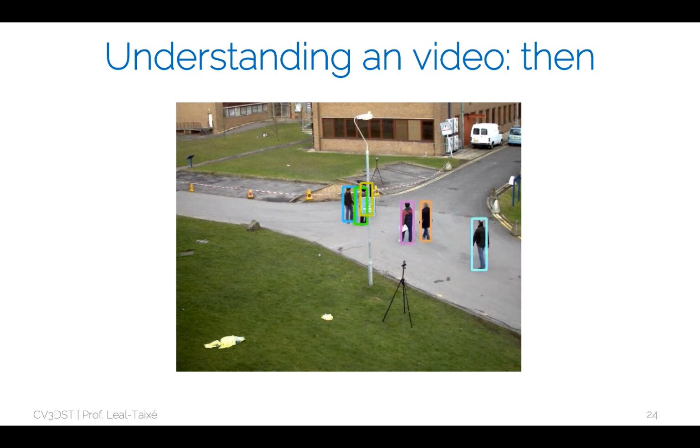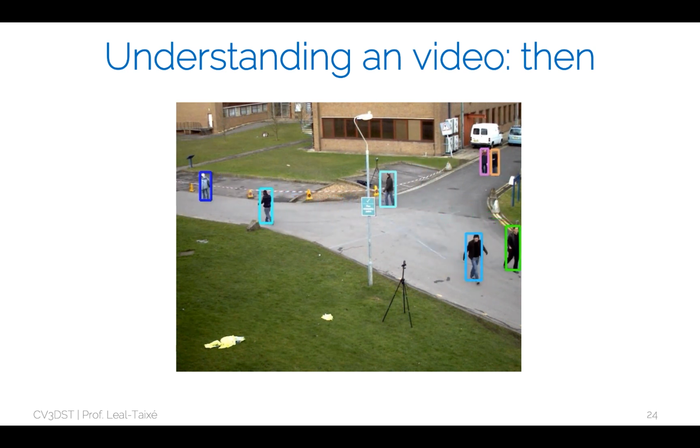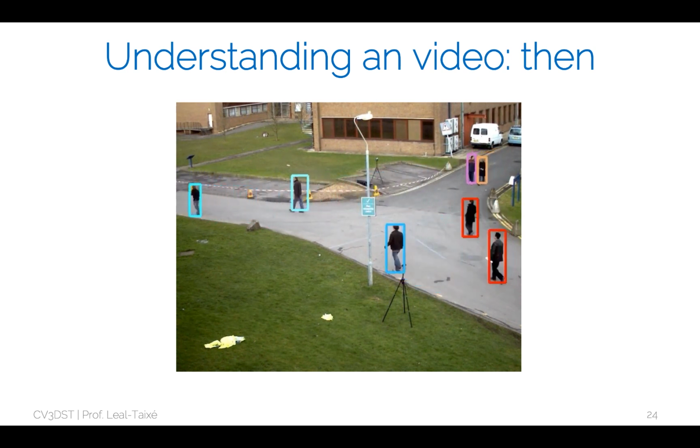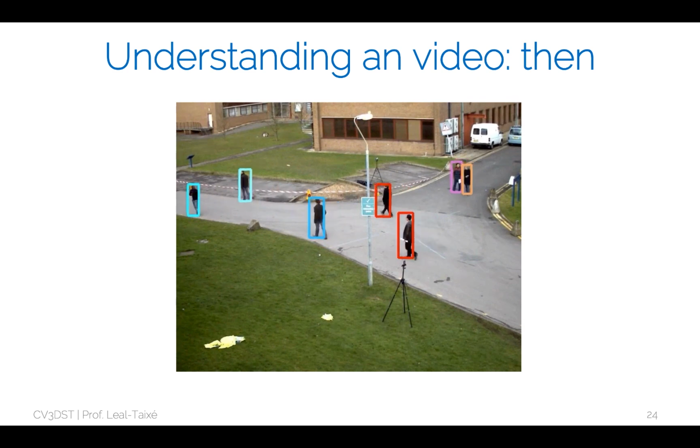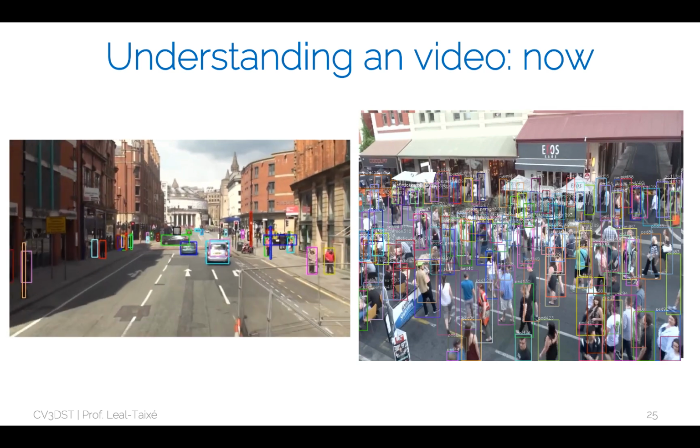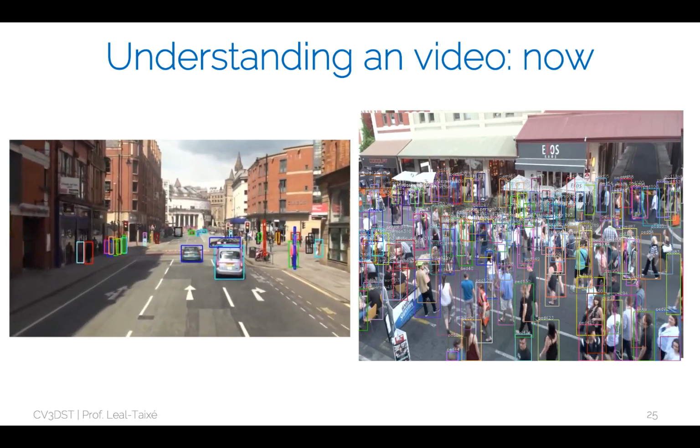So back in 2009, this dataset was proposed for the task of multiple object tracking. So you see that this is quite a simple dataset. Few objects of interest are moving around. There was this pole in the middle that was an occlusion, so this makes things difficult. But nowadays, what we're doing is targeting more these scenarios.